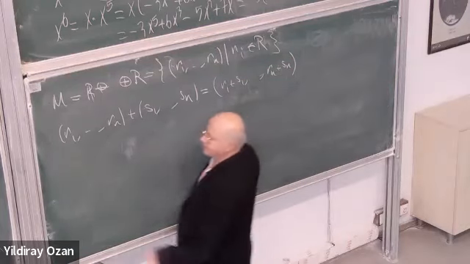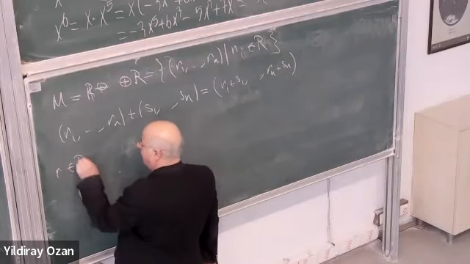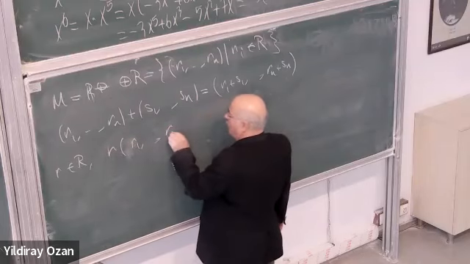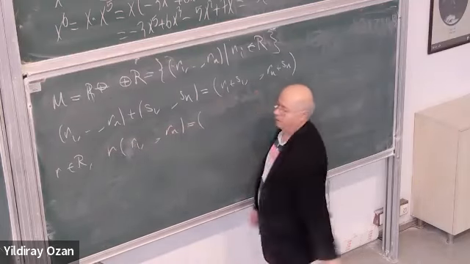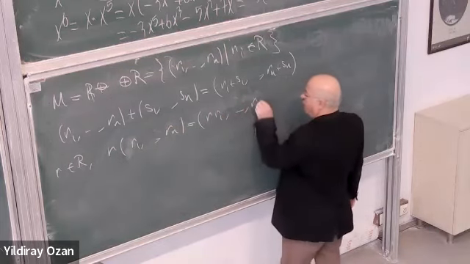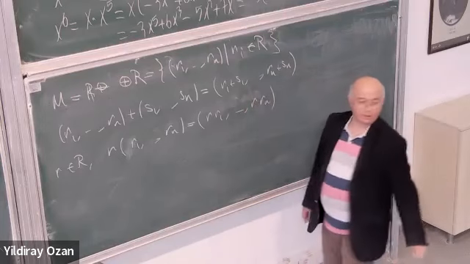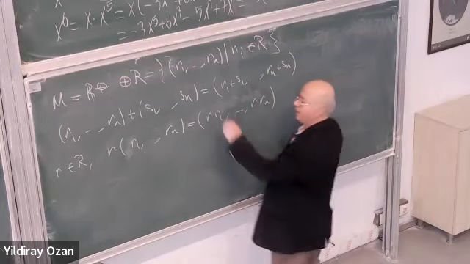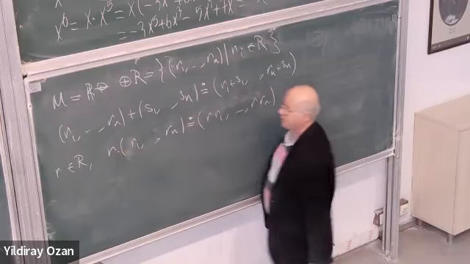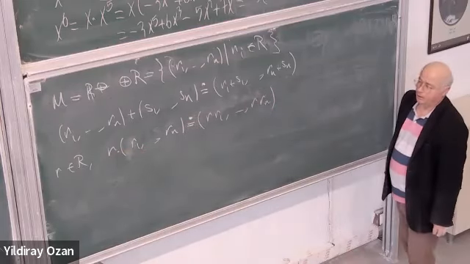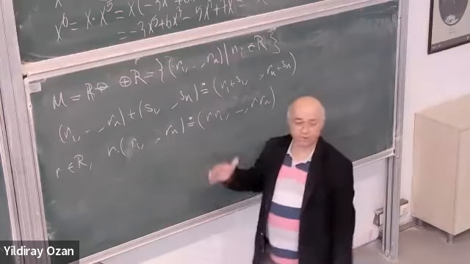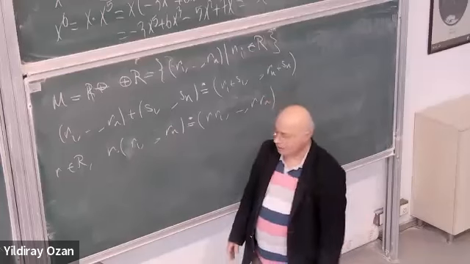And what is the scalar multiplication? If r is an element, r times (r1, ..., rn) is just (r·r1, ..., r·rn). This is how we define addition and scalar multiplication. A module obtained this way is called a free R module.